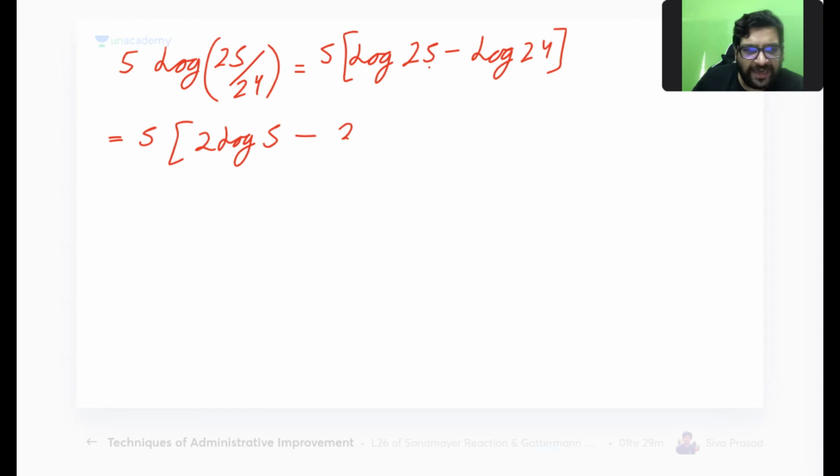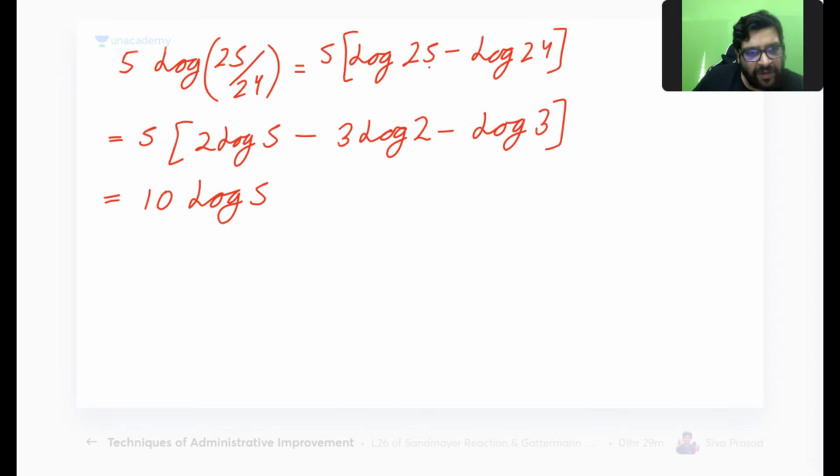Log 24 is log 8, so 3 log 2, minus log 3. So that is 10 log 5 minus 15 log 2 minus 5 log 3.